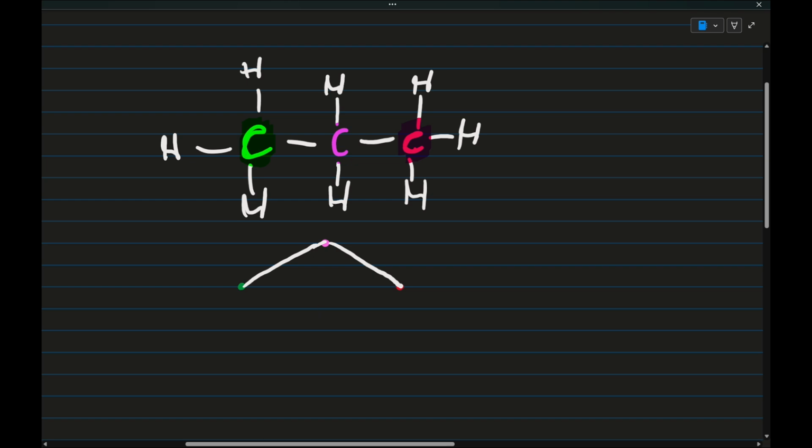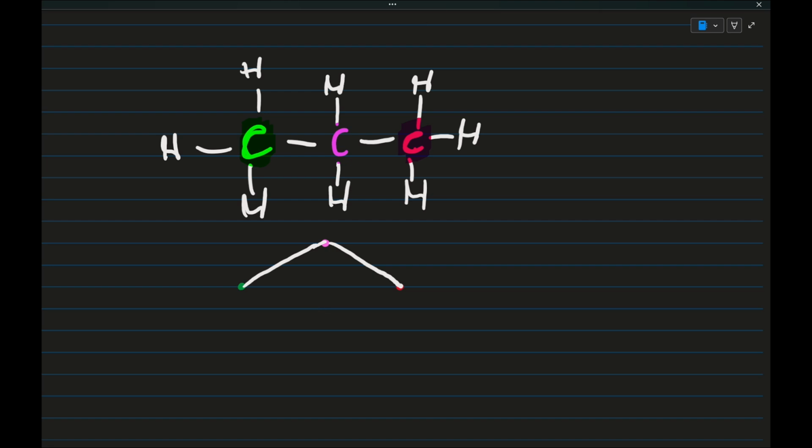3 carbons. Now, the holy grail of bond line structures is that hydrogens are implicit. You do not need to show the hydrogens, and it is a blessing when you have huge diagrams that have hundreds of hydrogens and you don't have to show them.